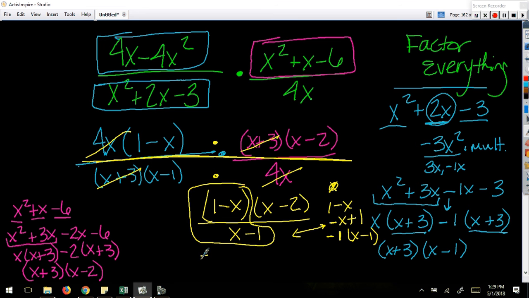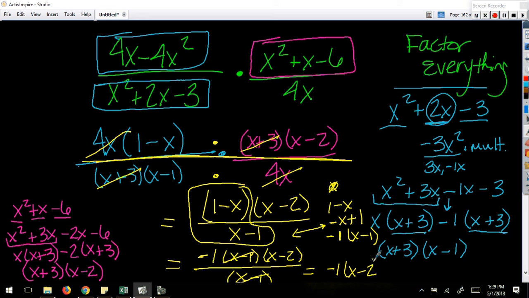Now I have negative 1 times x minus 1, and that x minus 2 is still on top, x minus 1 on the bottom. Now these x minus 1's can cancel, and I'm left with negative 1 times x minus 2.